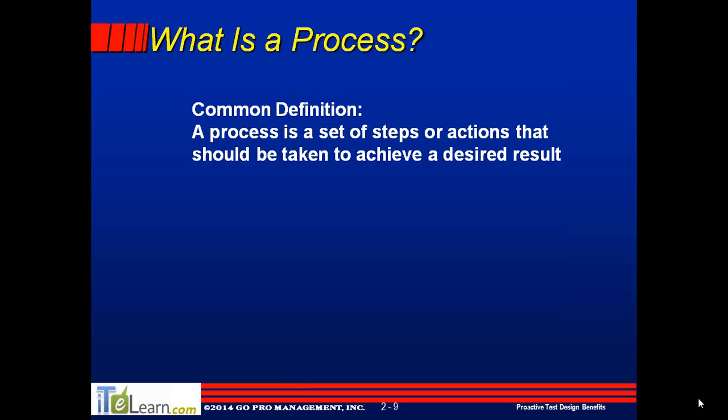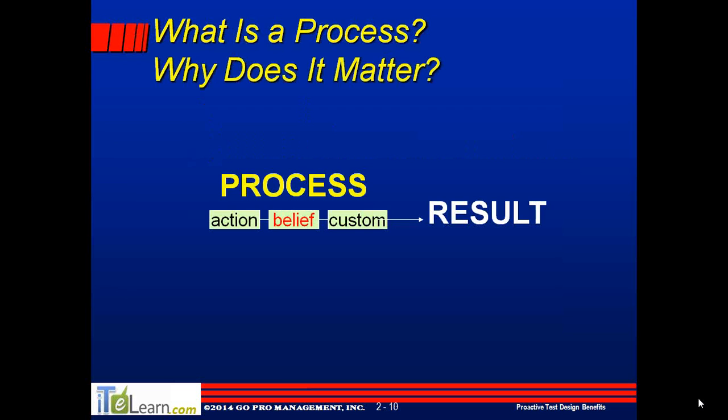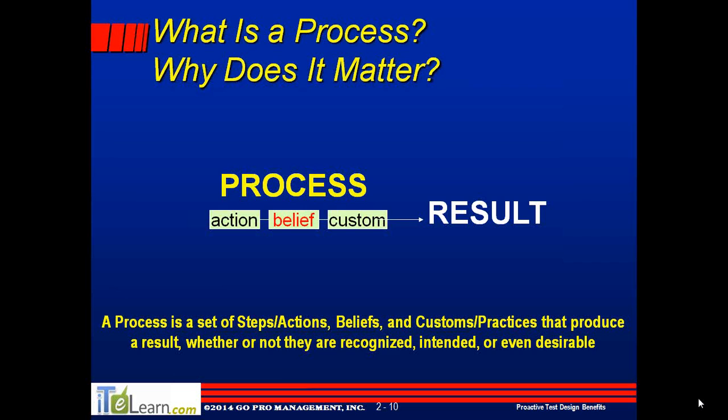It's also one of the reasons that people have so much difficulty improving their processes, because a process is not just steps and actions. It's also beliefs and customs and practices and skills and knowledge that, taken together, produce a result. So if you have a result, it is the outcome of the process that you followed.